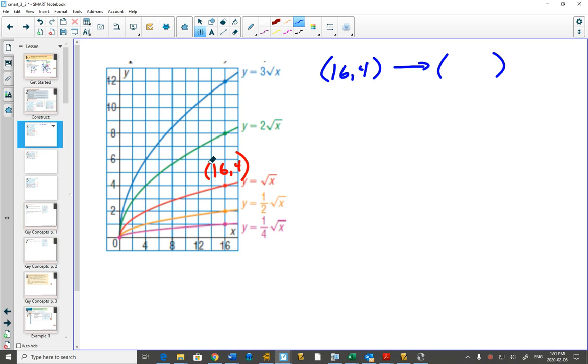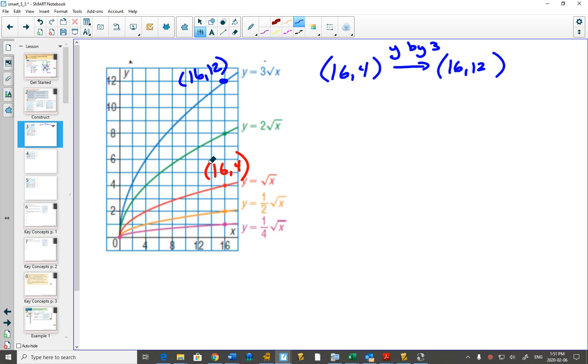That 3 would multiply my y values by 3. So if I consider 16 comma 4, and I multiply my y values by 3, I would get 16 comma 12. And you notice that's the point they have labeled as well.